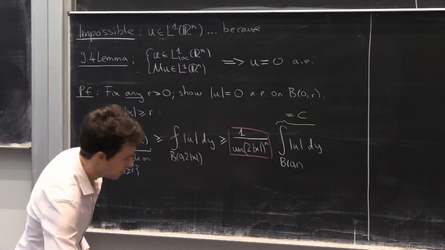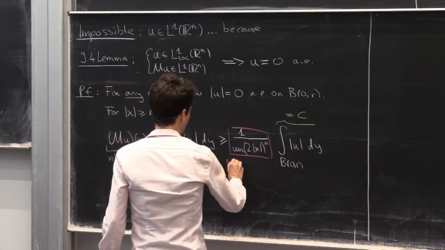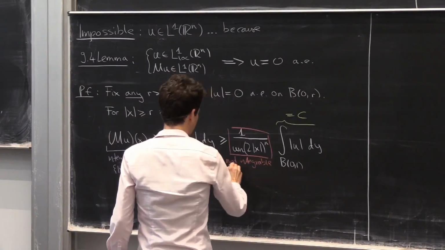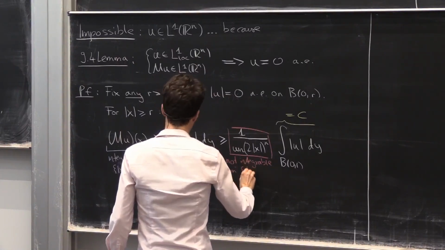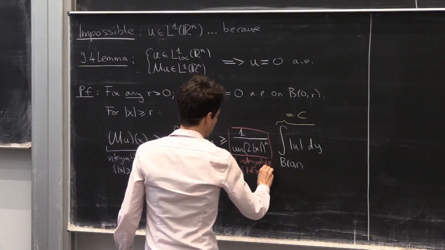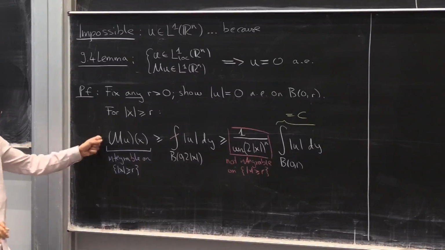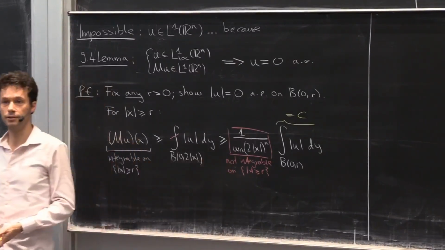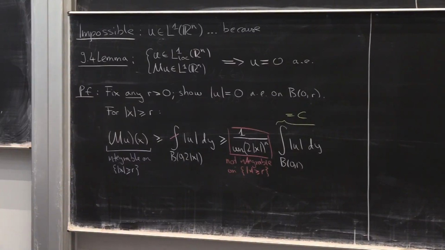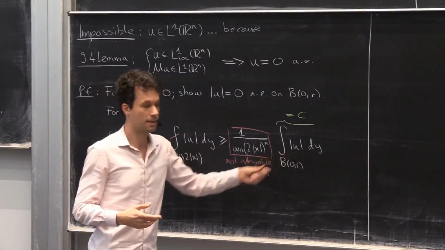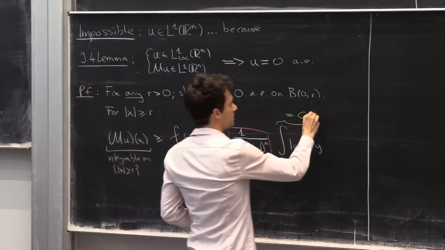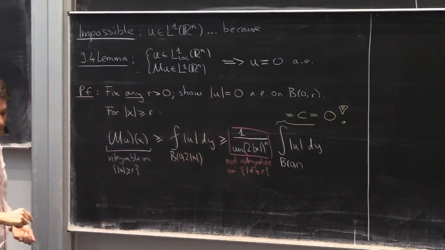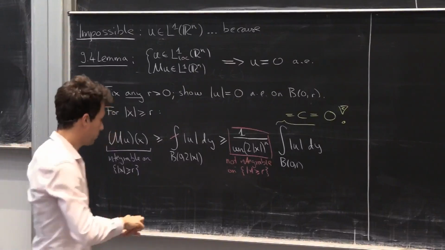So this guy here is not integrable on the same set. So how could it ever be true that an integrable function controls up to a constant a non-integrable function? Well, there's only one way out, and the one way out is that the constant has to be 0. So C is going to be 0, and so u vanishes almost everywhere on the ball, and we have the proof.